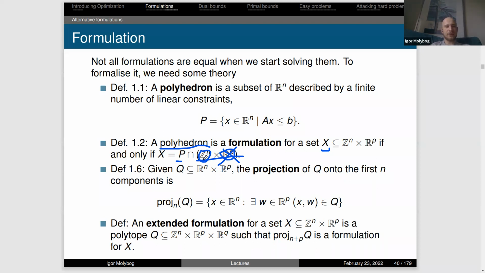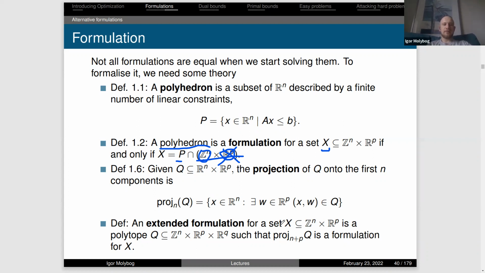We also have a notion of an extended formulation, which essentially becomes a formulation after you make a projection. So you can make a formulation in terms of a larger number of variables. Normally it actually helps make the problem easier if you use a larger number of variables.